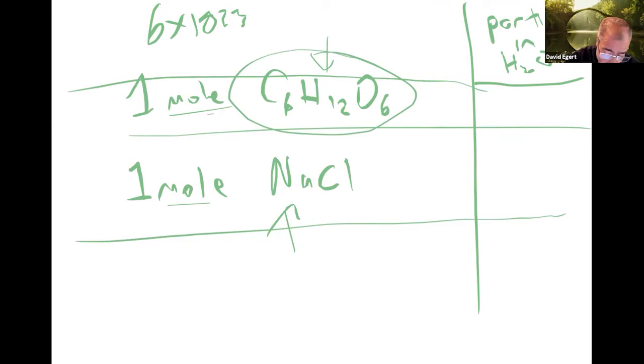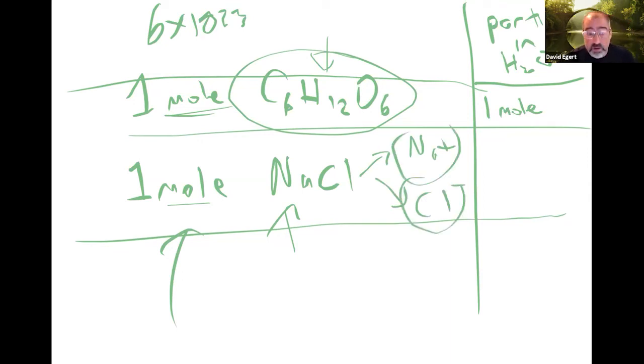So if I have 1 mole of sugar molecules and I put it in water, since each sugar does not break apart, it stays intact as a covalently bonded entity, I'm going to have 1 mole of particles. But if I put 1 mole of sodium chloride in water, this puppy dissociates. It becomes Na plus and Cl minus independently floating around in the water. So I'm going to actually have 2 moles of particles.